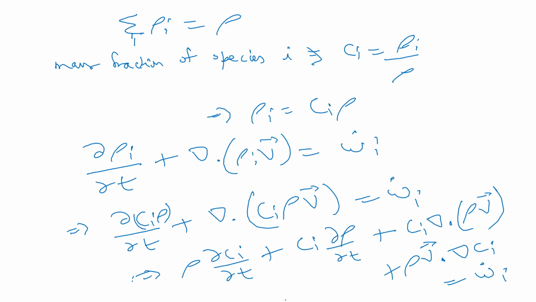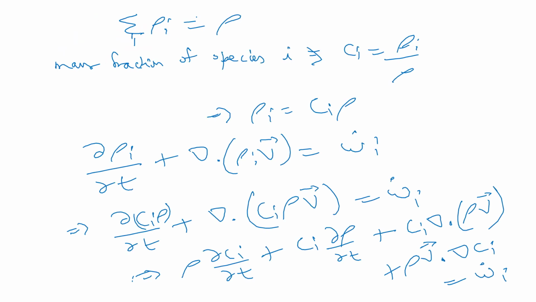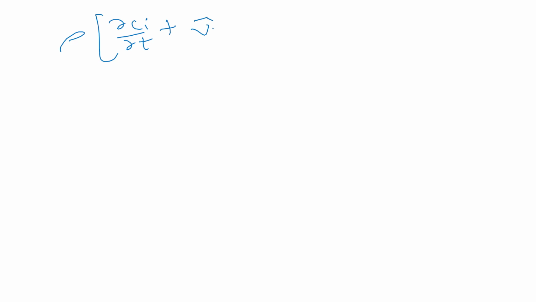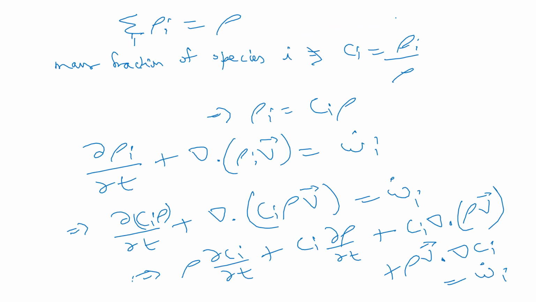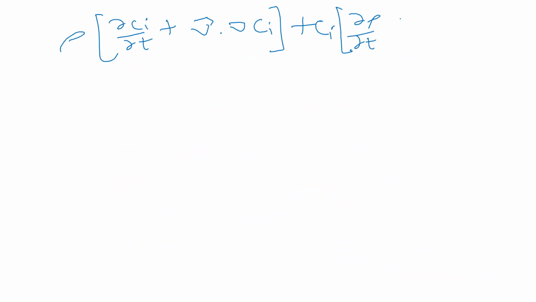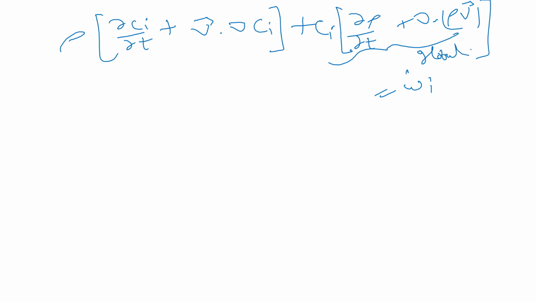If we take the terms with rho common and Ci common, we get rho times del Ci by del t plus V vector dot del Ci, plus Ci times del rho by del t plus del dot rho V, equal to wi dot. This term will be 0 because this is nothing but the global continuity equation.